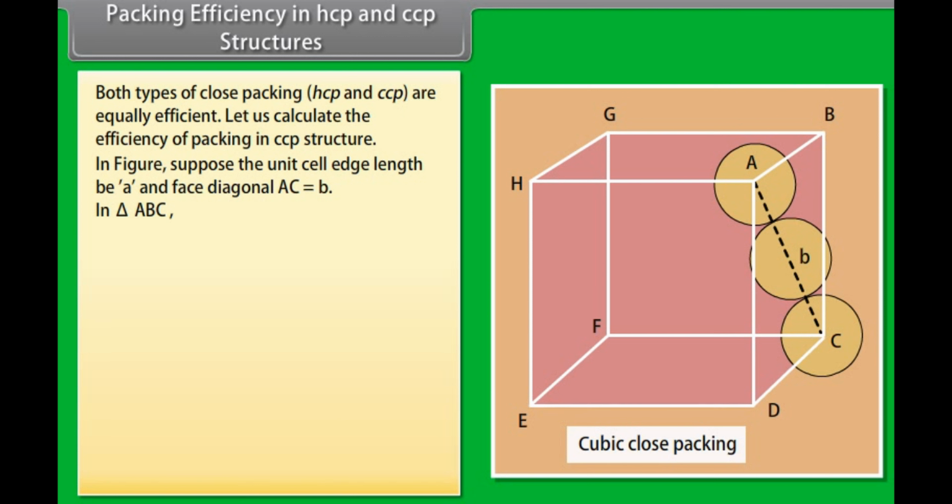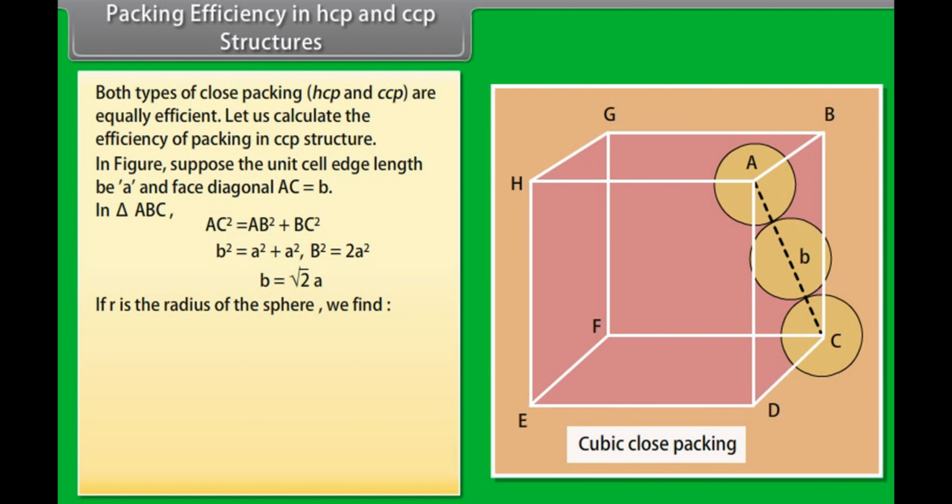In triangle ABC, AC² is equal to AB² plus BC², or b², which is equal to a² plus a², or b², which is equal to 2a², or b is equal to √2 a. If r is the radius of the sphere, we find b is equal to 4r, which equals √2 a, or a is equal to 4r upon √2, which is equal to 2√2 r.